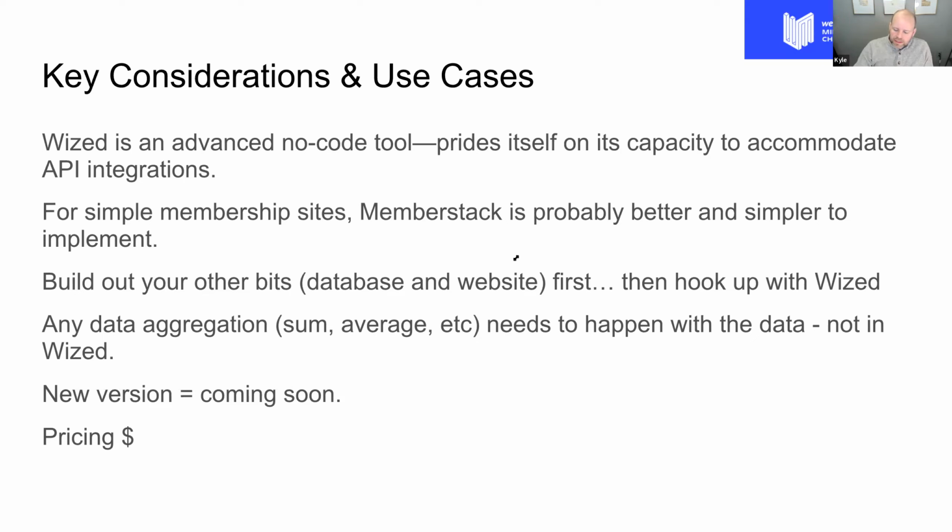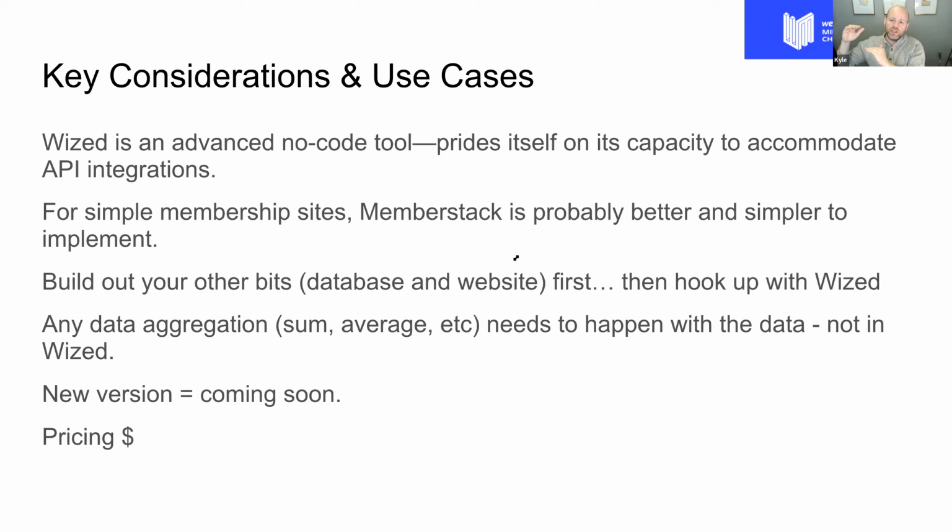Well, Wized isn't a tool that you can bring in a bunch of stuff and then take all the data, aggregate it in there, run a calculation on it, average it out. You're not doing that in Wized. Wized is basically grabbing data and mapping data.